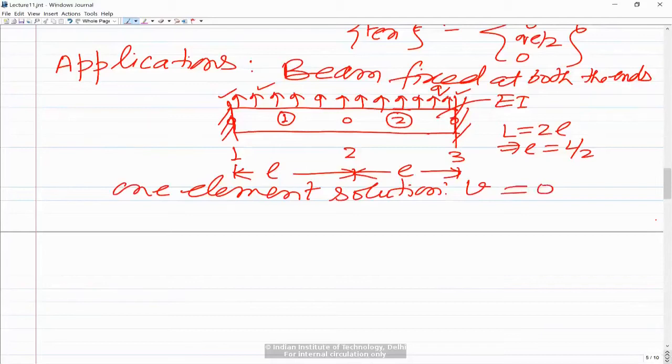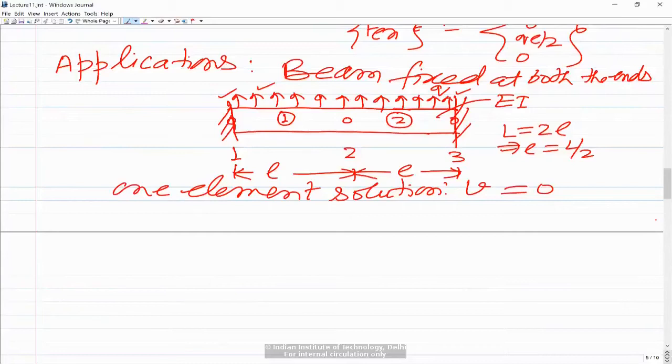And of course ultimately the number of elements, whether 2 or 4 or 8, will depend on the convergence study. You initially start with, let's say, two elements and solve the problem and get the maximum deflection and maximum stress, and then discretize using four elements and again get the maximum deflection and maximum stress.